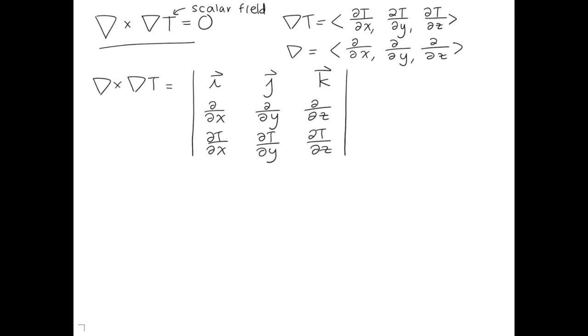And for our last row, we have partial T with respect to x, with respect to y, and with respect to z. Now, as shown in the previous video, when we're evaluating this expression, we have i times the determinant of the remaining rows and columns.